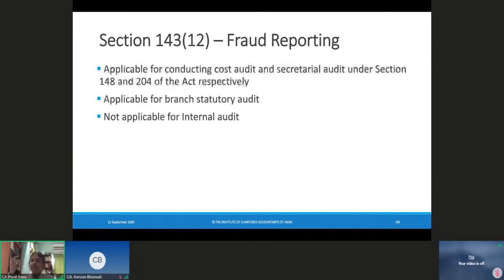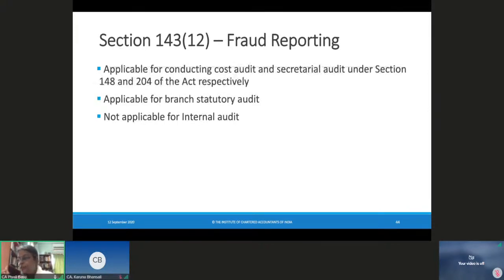Now, at the CFS level, if it is a holding company, and those employees have not perpetrated the fraud against the other company in which the fraud has actually happened, then it doesn't have to be reported. Please remember, there are two companies, a subsidiary and a holding. The fraud has happened in the subsidiary company, not in the holding company. So the question is whether it will be reported by the holding company for the CFS. If it has not been perpetrated by an employee of the holding company against the subsidiary company, then it doesn't have to be.